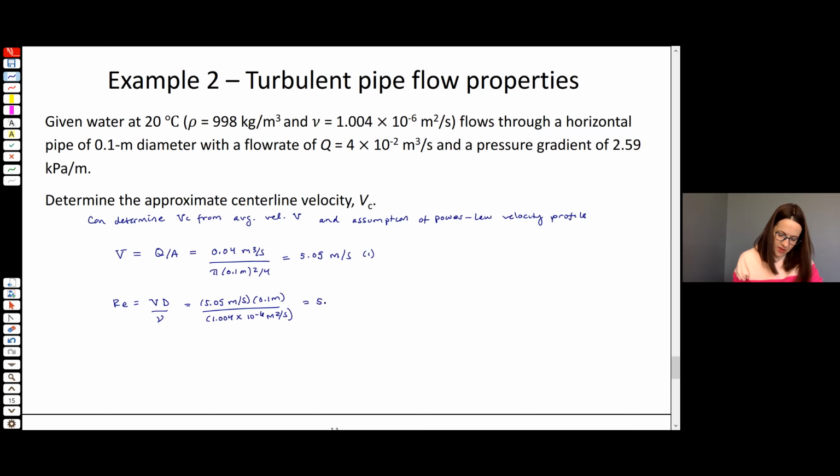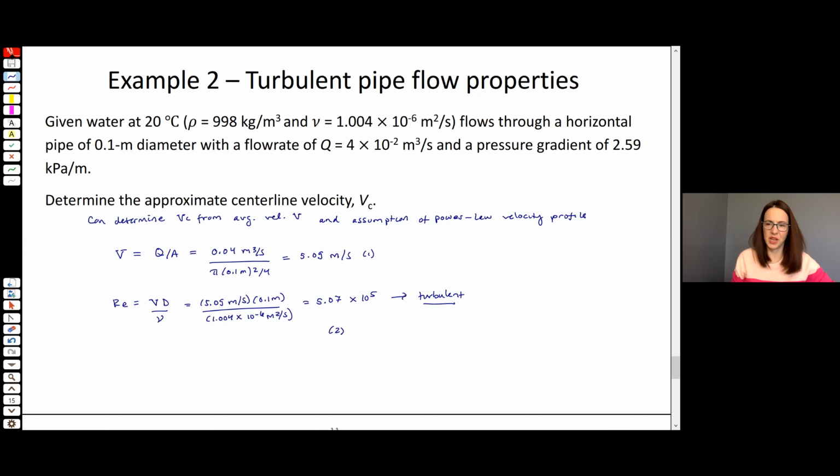That gives us 5.07 times 10 to the 5th. And this is definitely a turbulent flow because remember, for pipe flow, a Reynolds number above 4,000 is classified as turbulent. All right, call this equation 2.